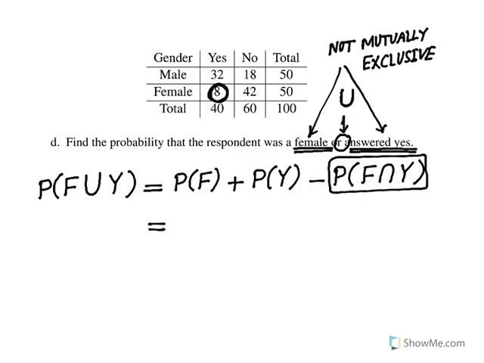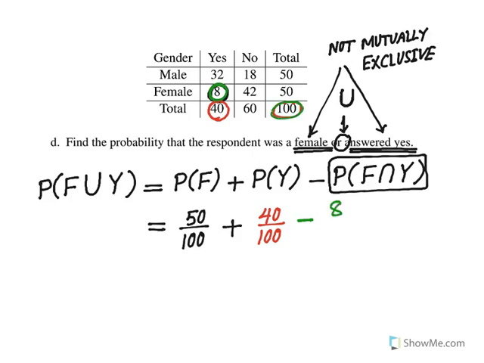Probability of female, remember, you look at the total number of females, 50, over the total number of people, 100, plus probability of saying yes. We have 40 people that said yes out of 100. So this plus 40 out of 100 minus female and said yes is 8 out of the 100.